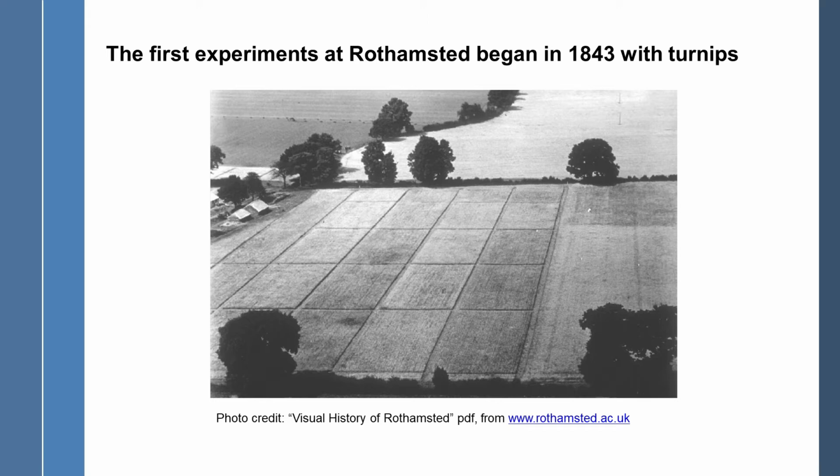You can see that the crops are arrayed in different sections, and they would apply different fertilizers to the different sections. Some would have pesticides and some would not. And in the history of Rothamsted, during a period of time in the 19th century, they would hire children to go through the fields and pick the bugs off of the crops.